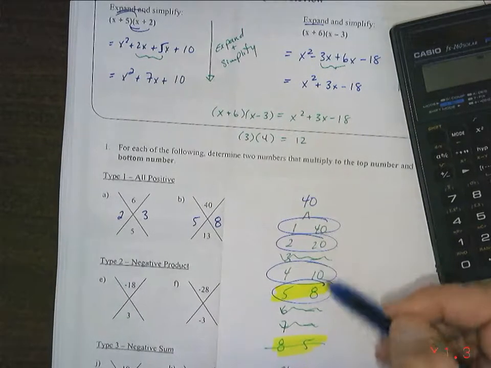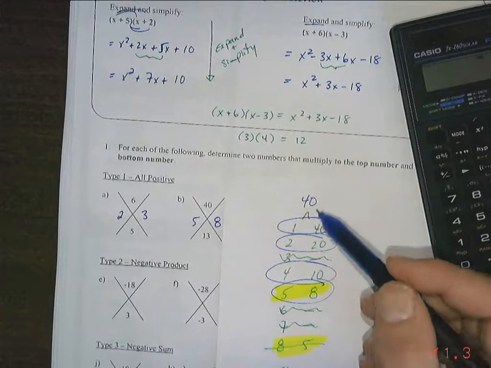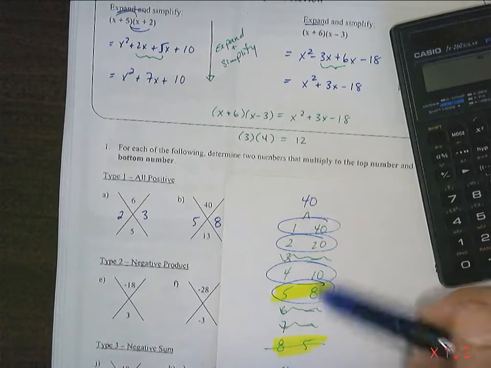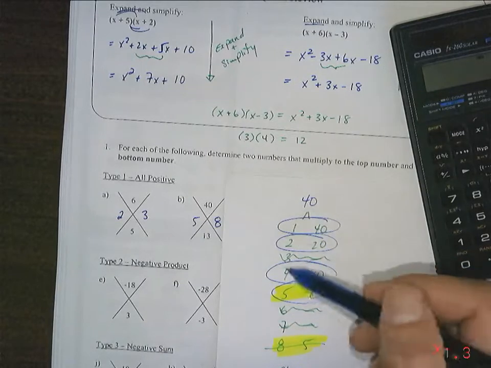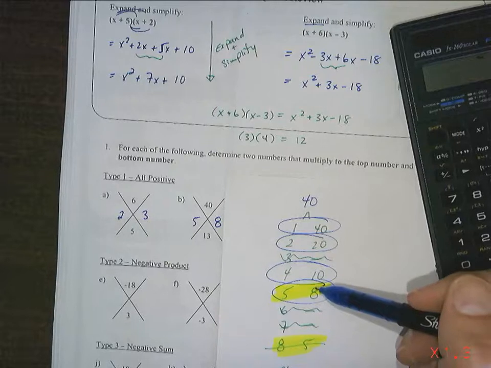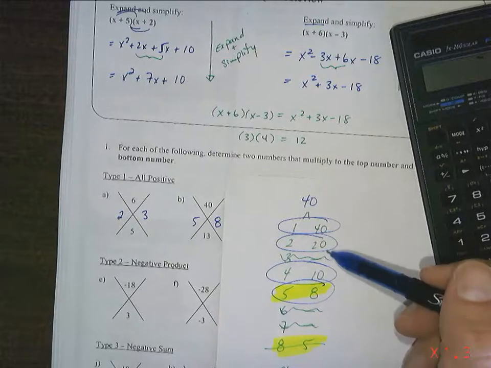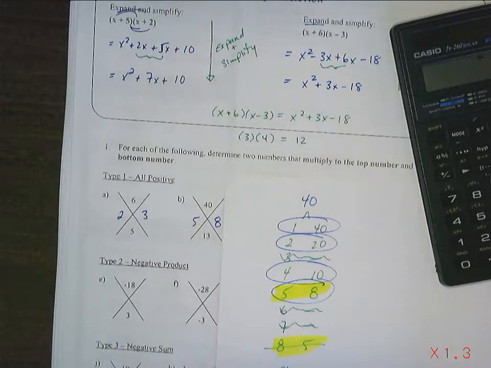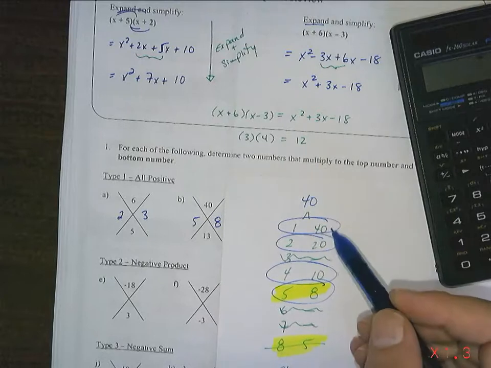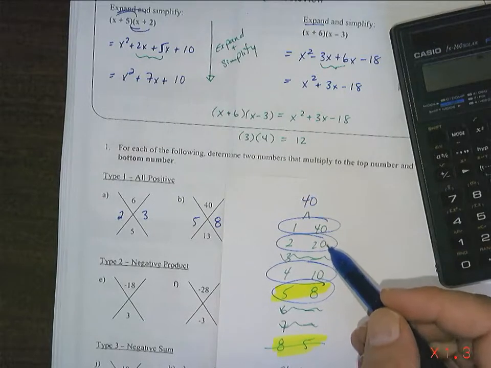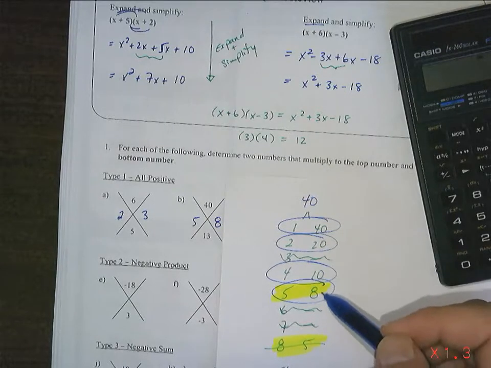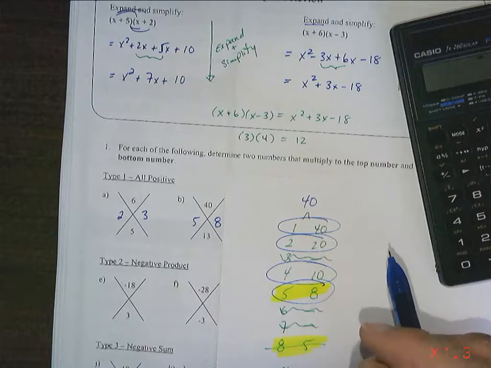All of these multiply to give 40: 1 and 40, 2 and 20, 4 and 10, and 5 and 8. Now your job is to find out which one of these 4 pairs adds to give 13. Ain't 1 and 40, ain't 2 and 20, ain't 4 and 10, 5 and 8 works.